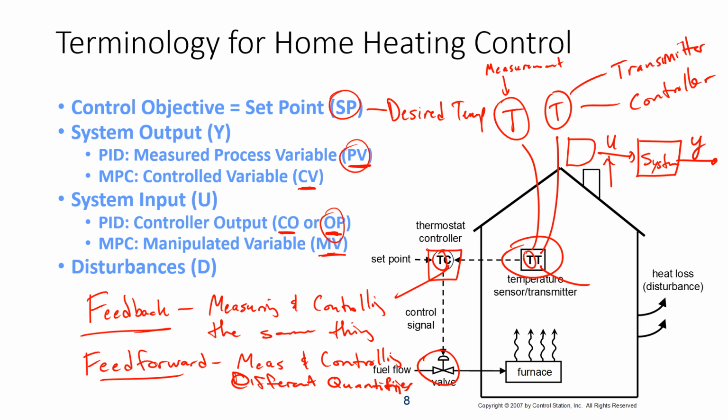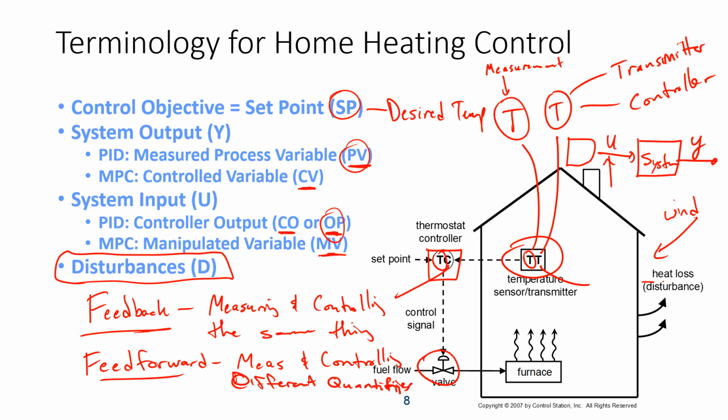Now, we also have disturbances that affect our system as well. If nothing changes, our temperature in the home is most likely going to stay at the same temperature, or the same heating rate for the home. But let's say, for example, there's all of a sudden a windstorm and the heat loss increases, or the temperature outside decreases or increases.